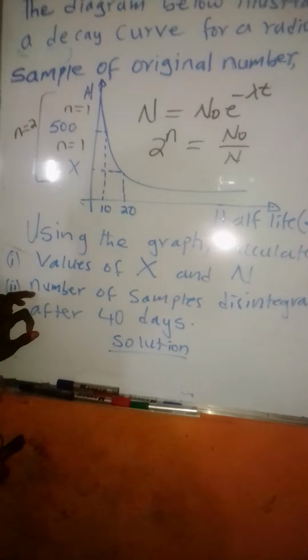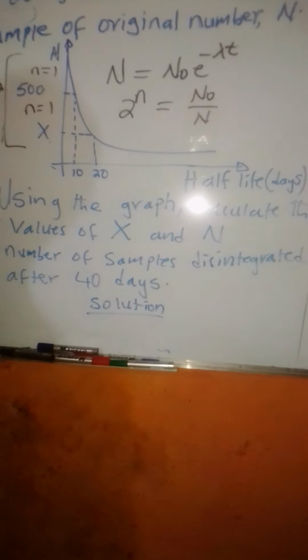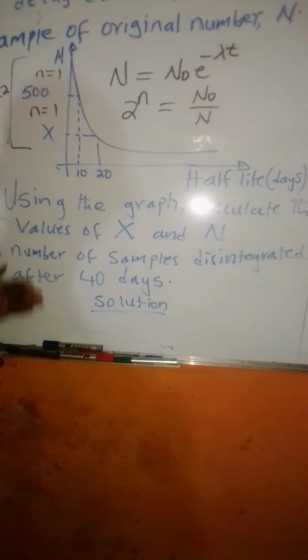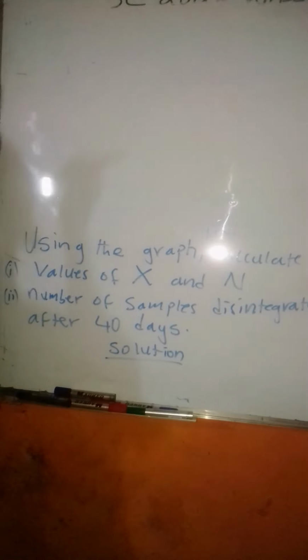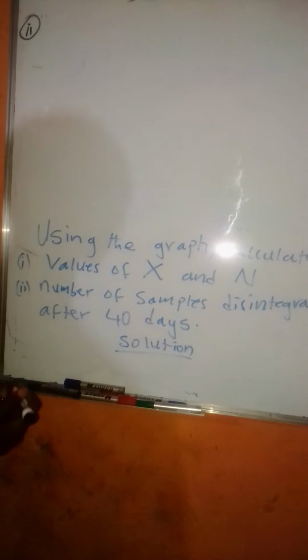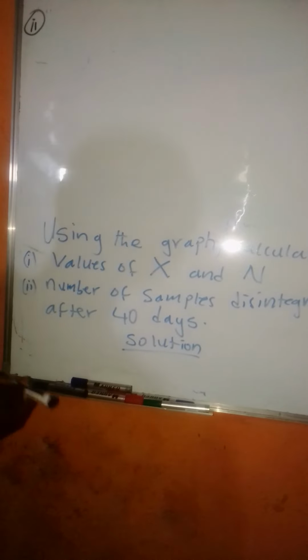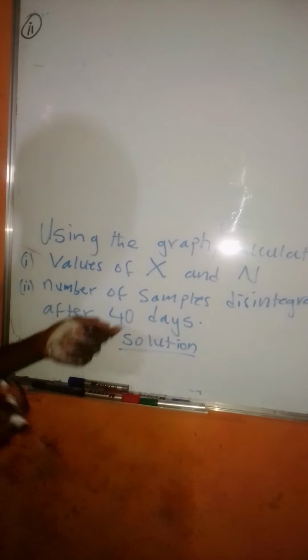So if we move again to the next phase, number of samples disintegrated. Since we are required to find the number of samples disintegrated after 40 days, let's remove the top. So if we move to Roman 2, we are required to calculate the number of samples disintegrated after 40 days.